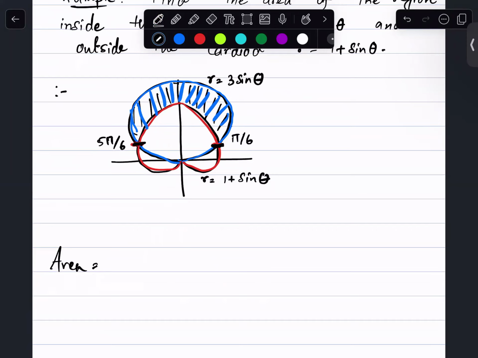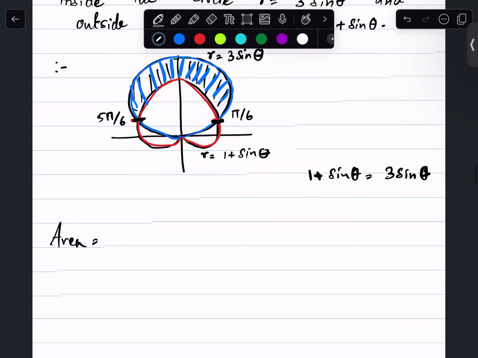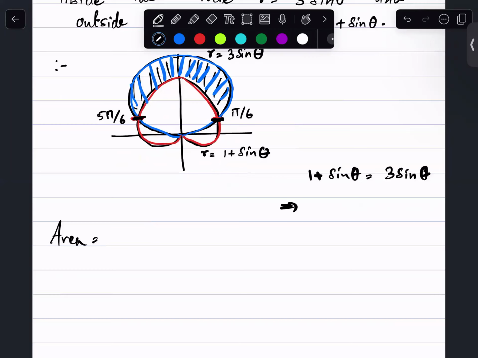So to find these two intersecting points, I have to equate these two things, 1 plus sine theta and 3 sine theta. This was coming from there, that was coming from there.